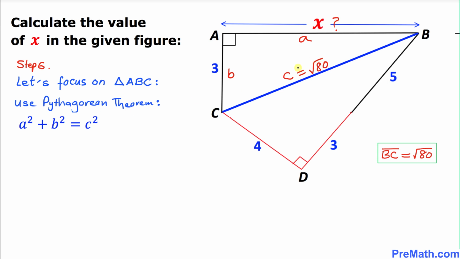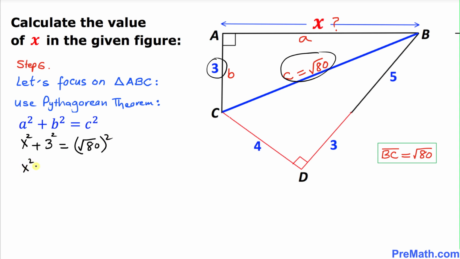In our case, a is x, so it's going to become x squared plus b, which in our case is 3, so I'm going to put down 3 squared, equals c, which in our case is the square root of 80, and then we square it. Let's simplify.